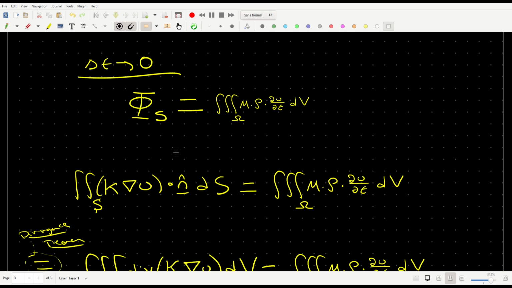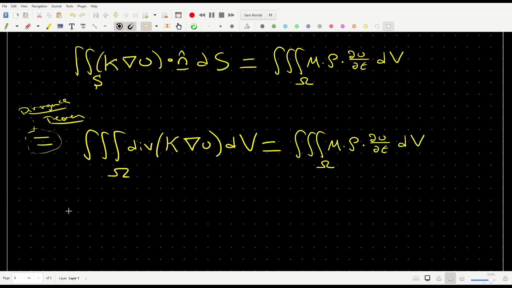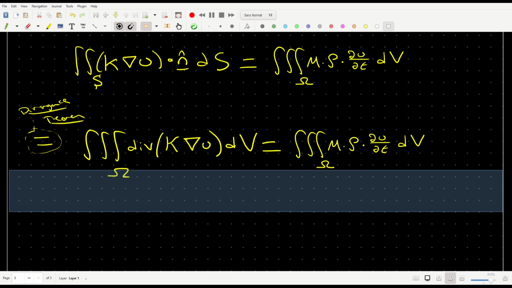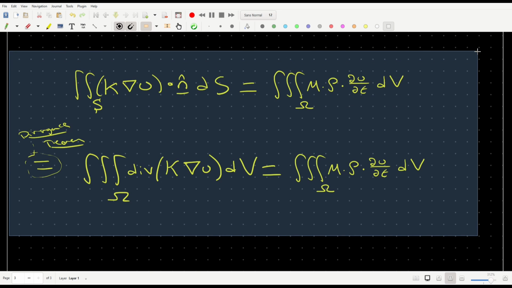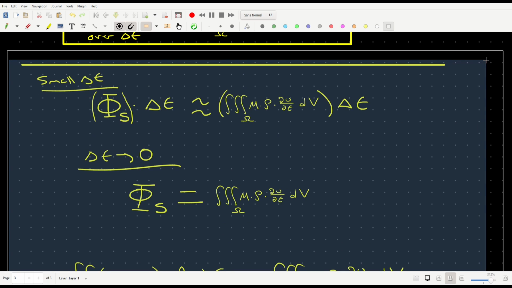This process right here is sometimes called doing an energy balance. We're just ensuring that the conservation of energy holds inside the region omega.